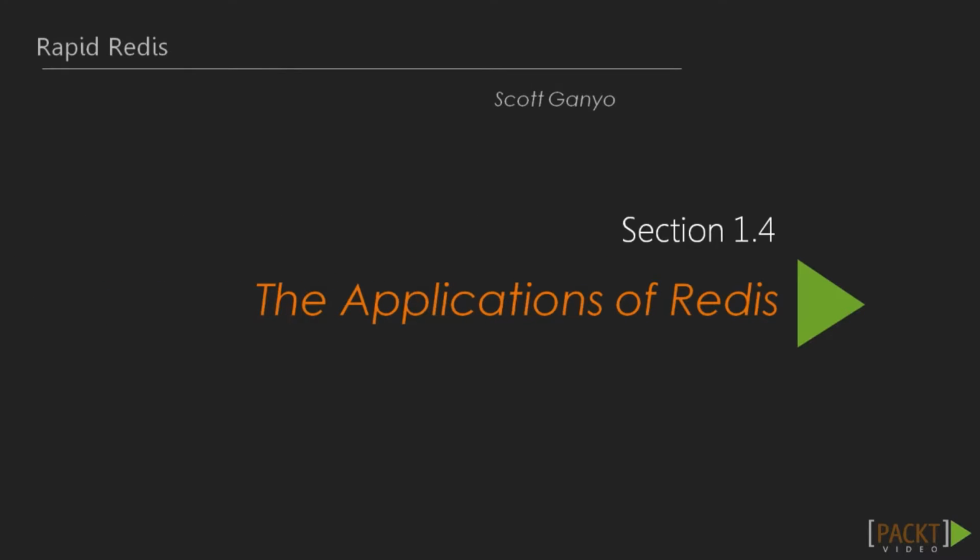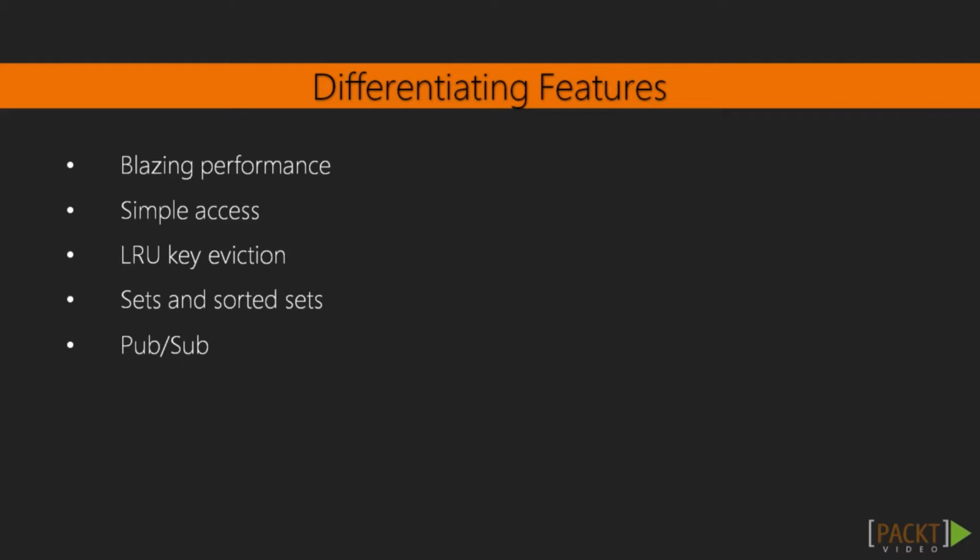Applications of Redis. Some of the differentiating features of Redis that really lend itself to certain applications. As we've said, the blazing fast performance of an in-memory database, the simple access system of a key value store, both have its place.